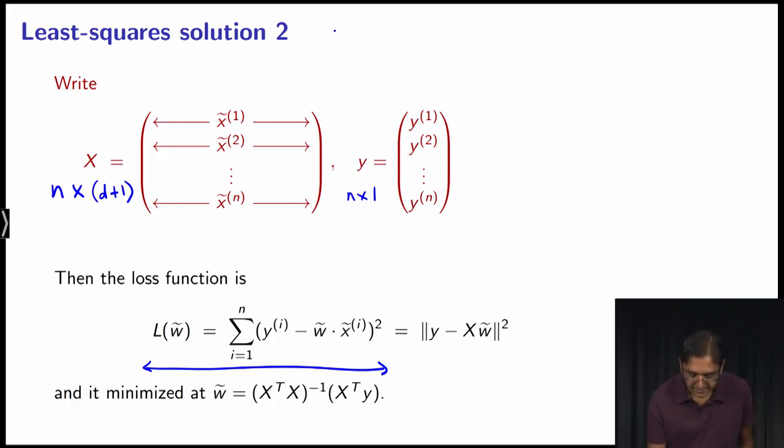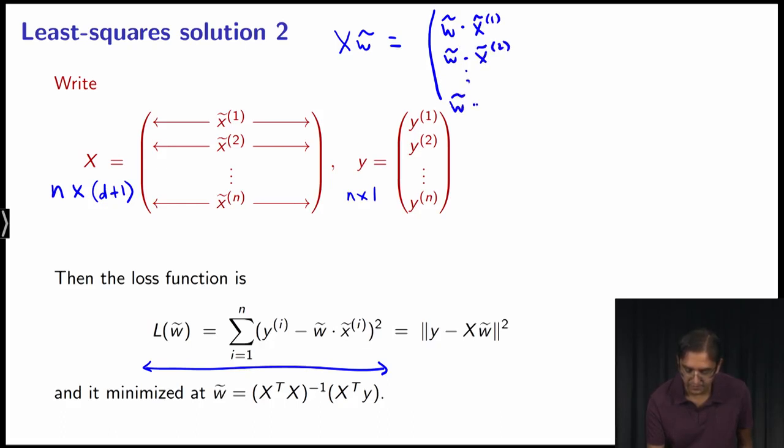Now, let's see, what is X times W twiddle? Well, it's the first row of X dot producted with W twiddle, the second row of X dot producted with W twiddle, and so on. It's exactly the predicted values. So this is exactly W twiddle dot x1, W twiddle dot x2, and so on, all the way to W twiddle dot xn.